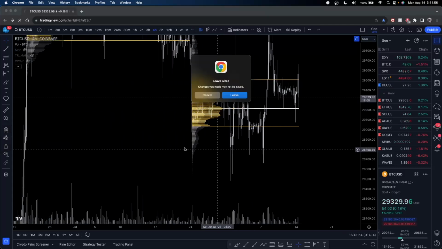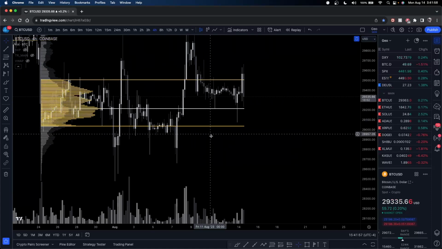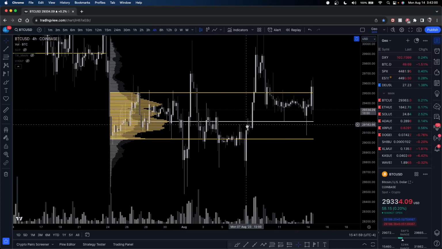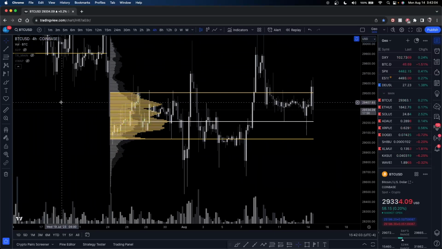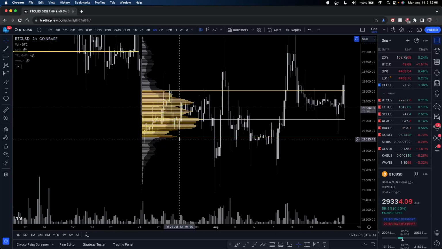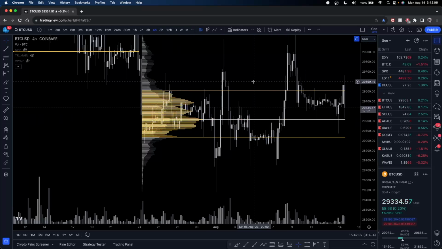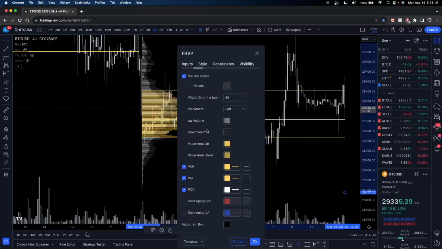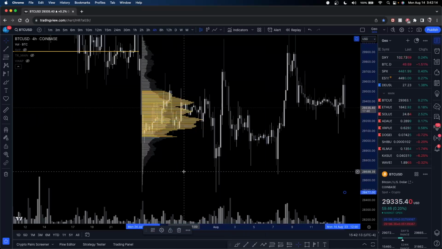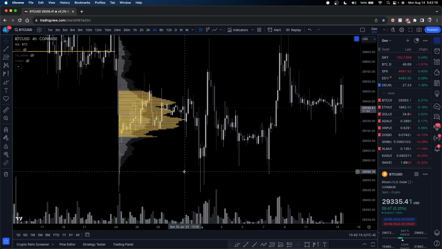The last thing that we've got to talk about in terms of our fixed range volume profile and the VPVR is these little lines. Now let's get rid of the value area high, value area low, and point of control for now. I will never actually have it like this.